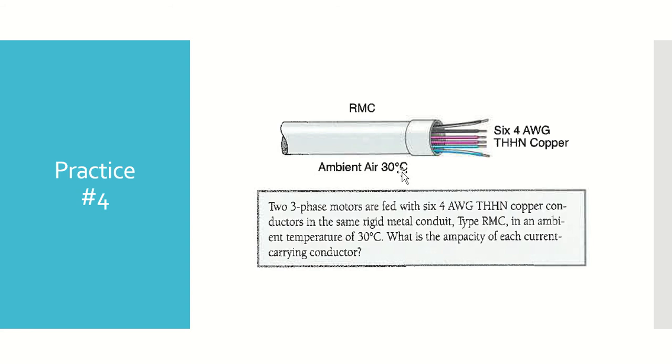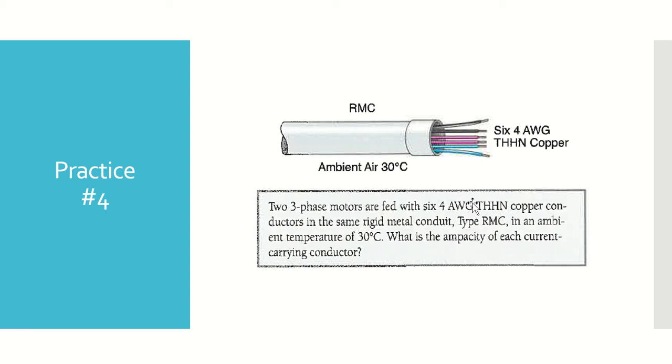So fortunate for us, now we're good with the 30°C. That meets table 310.15(B)(16). So we do not need to make any corrections for temperature, but you notice there are 6, so we are going to have to make adjustment for more than 3 current carrying conductors in a pipe.